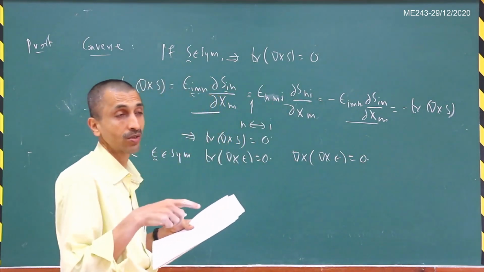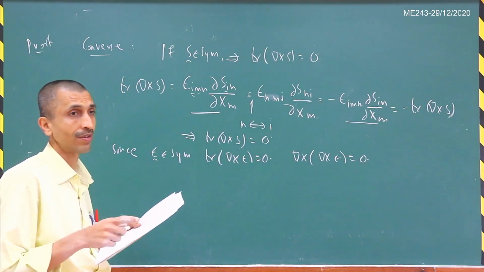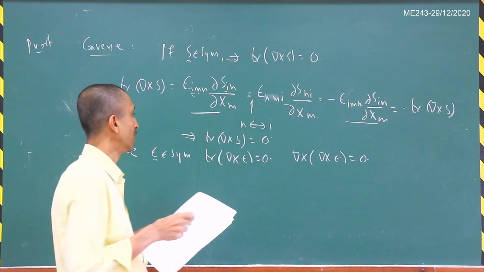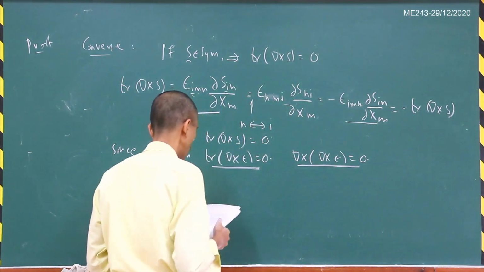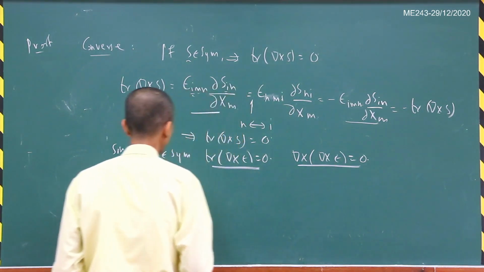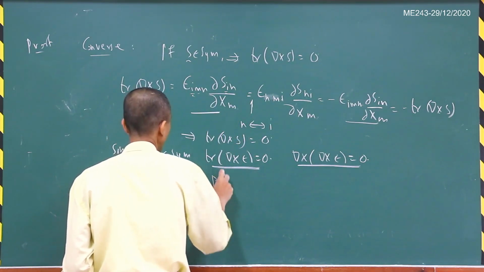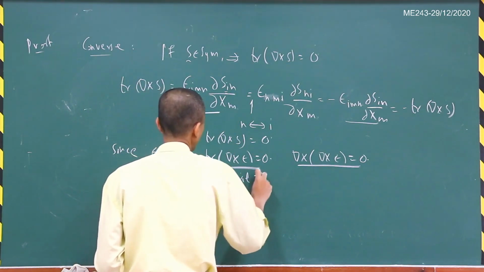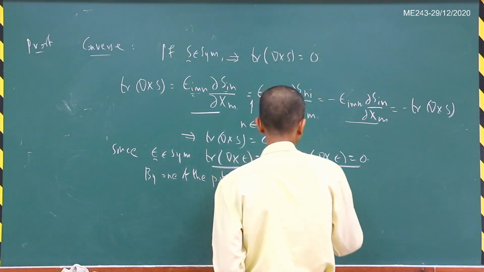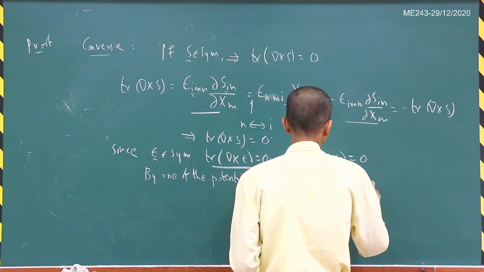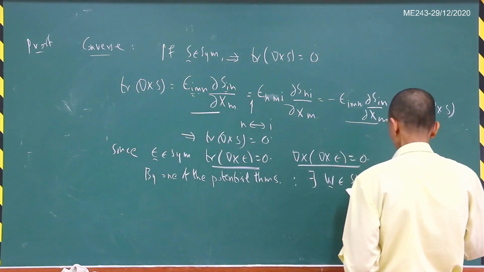So now you go back to some of the potential theorems that we did when we were discussing the tensor part. There we showed that if del cross epsilon equal to 0 and trace of del cross epsilon equal to 0, then by one of the potential theorems, there exists a W belonging to Skew such that del cross epsilon is equal to del cross W. Okay.